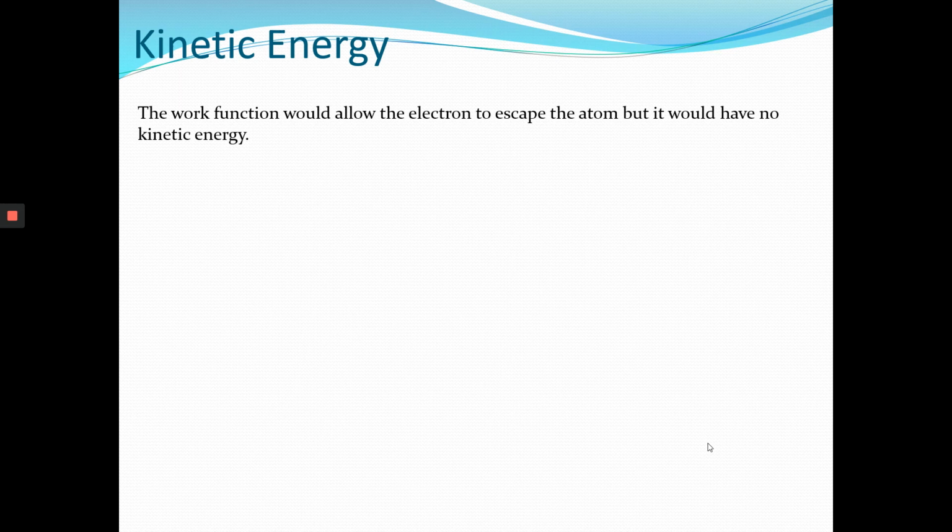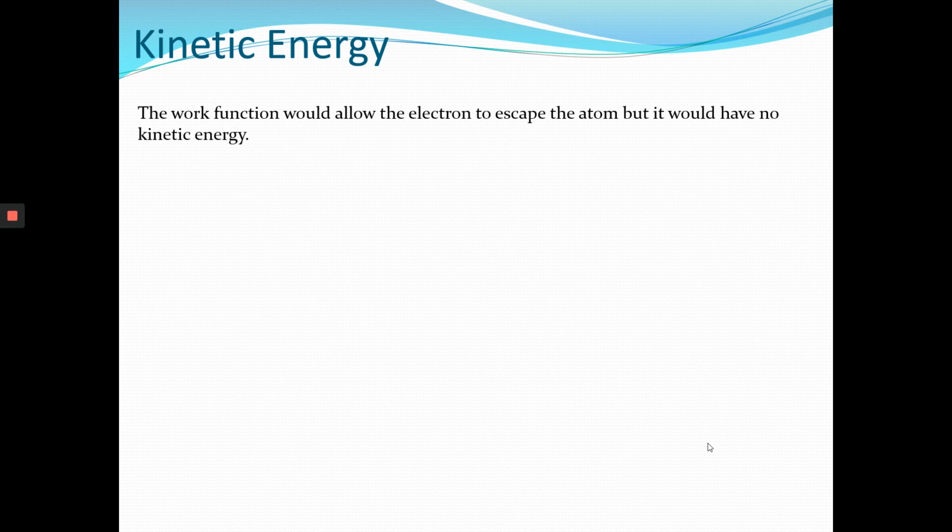Then our electron would absorb that 10 joules and it would escape the atom, but then it wouldn't have any energy to do anything else. The electron would just escape the atom and then do nothing because it would have no excess energy. It's used all of those 10 joules to escape the atom.